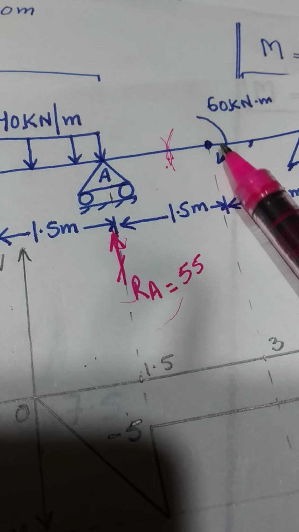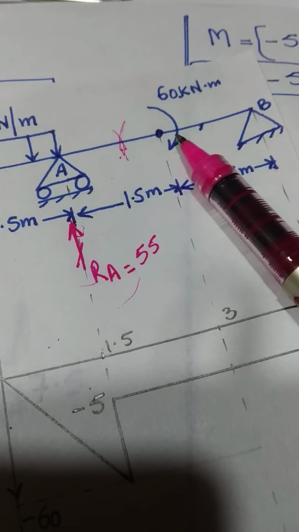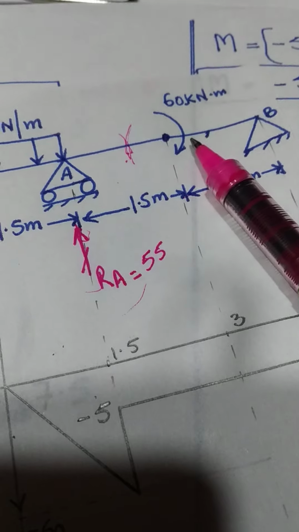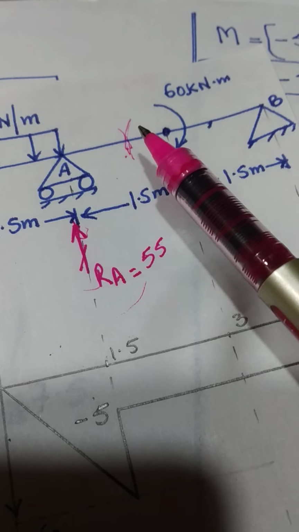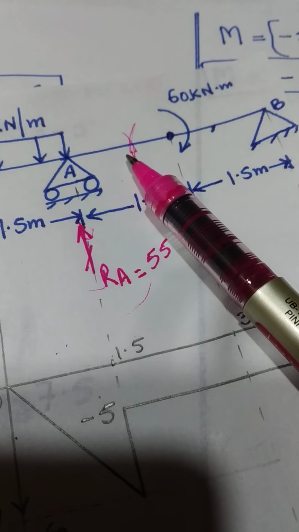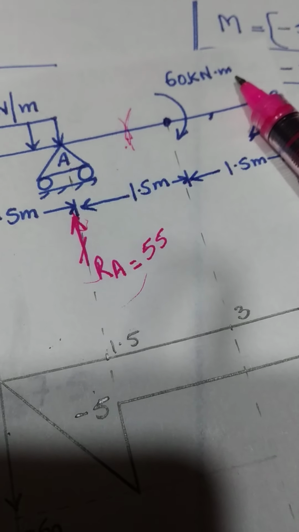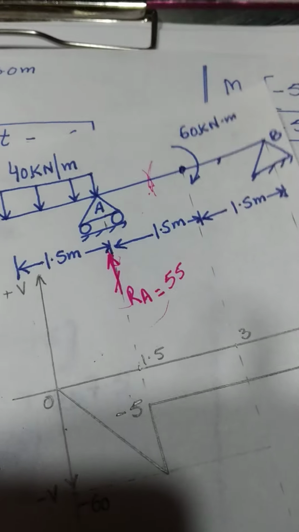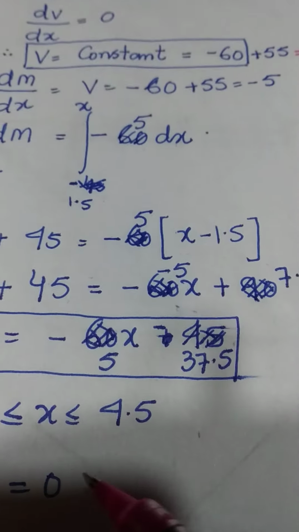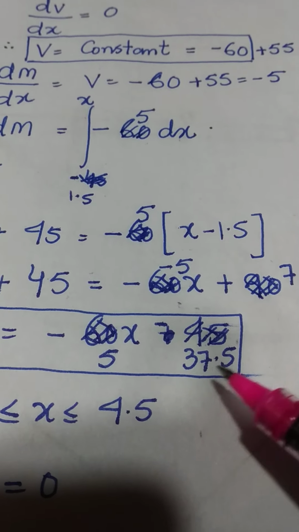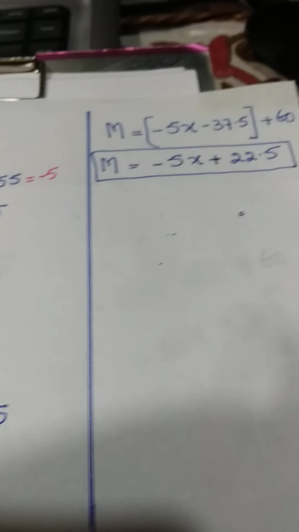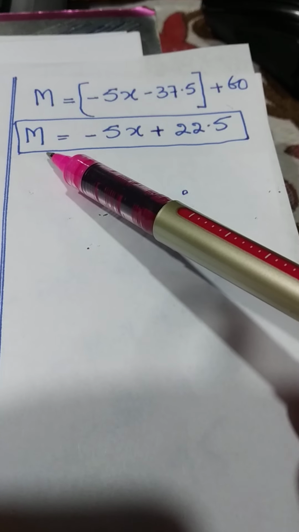This bending moment is clockwise. Therefore the equation for bending moment in this span will be the same as the equation of the bending moment on this side of the beam, plus 60 kilonewton meter to be added. So the equation will be -5x minus 37.5 plus 60. That's what we are doing. So the bending moment equation M will be equal to -5x plus 22.5. This is the equation for bending moment on the last portion of the beam.